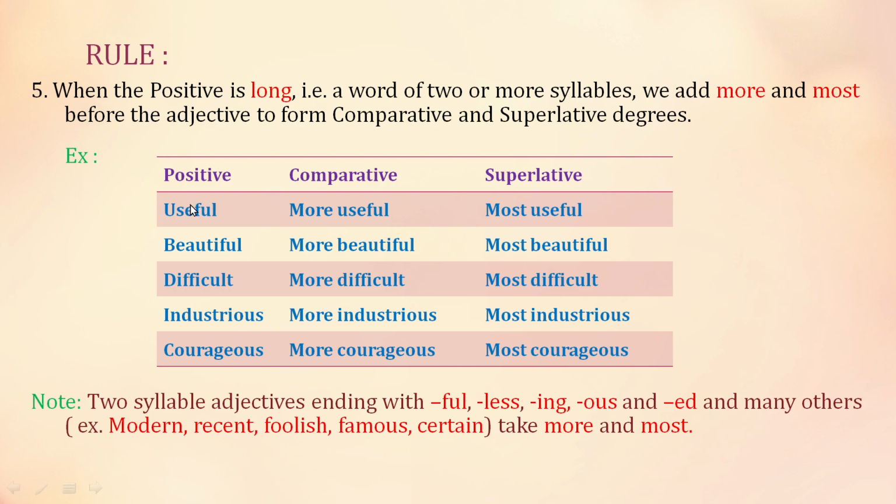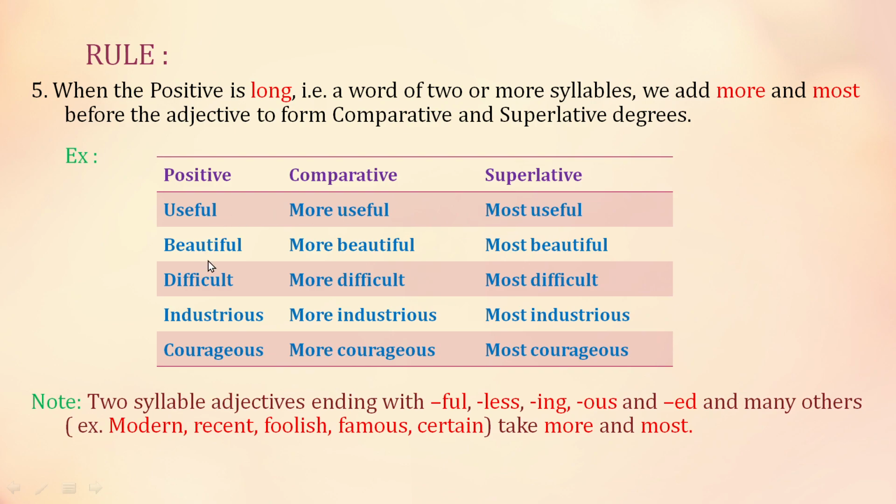Like here, I'll just take the example of the word useful. We can see the number of syllables. U is a vowel, E is a vowel, again U is a vowel. There are 3 syllables and it's a long word. So to make the comparative, we will add more: more useful. And for superlative, we will add most: most useful.